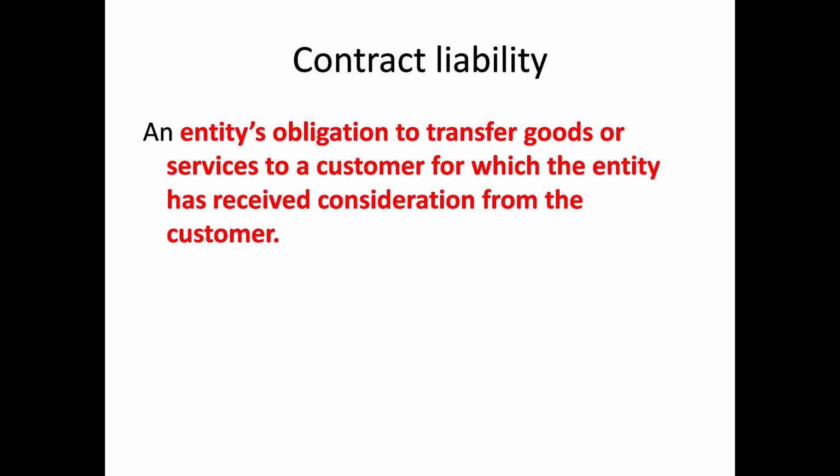An entity's obligation to transfer goods or services to a customer for which the entity has received consideration from the customer. What do you mean by that? Now here, entity has received the payment. Customer has paid money. Therefore, the entity has received the payment. But entity has not satisfied the performance obligation. Therefore, that will be categorized as contract liability.